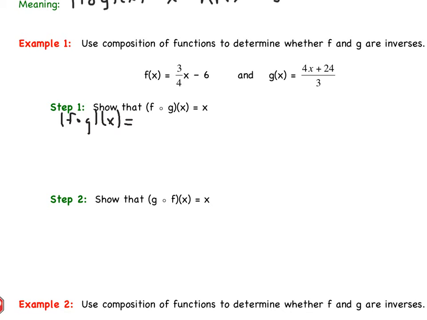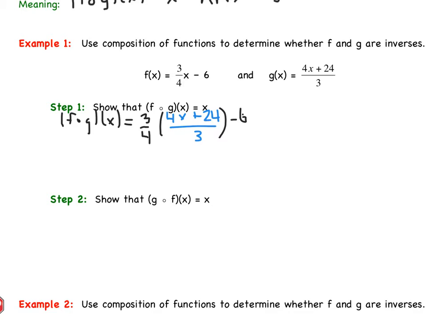equals, like I said, I'm going to take function g, plug it into x for our f of x function, so I will have 3/4 times, this is where I insert g of x for x, plus 24 over 3. And don't forget to subtract 6, as our f of x function states there.